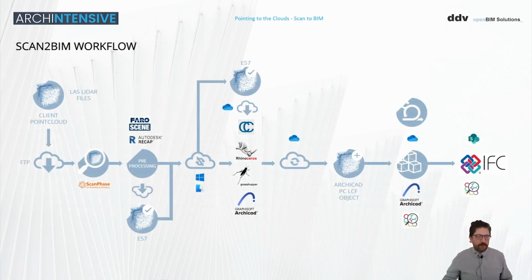And this is the diagram that shows our basic workflow in this scan-to-BIM activity. I will go step by step in the next slides, but here, as you can see, one of the first things that we receive once the contract is approved, of course, is laser scanning files.